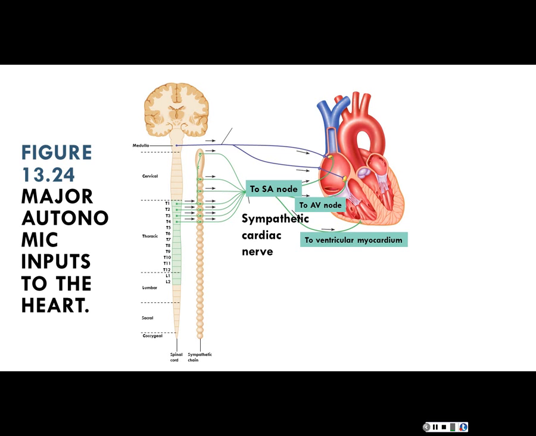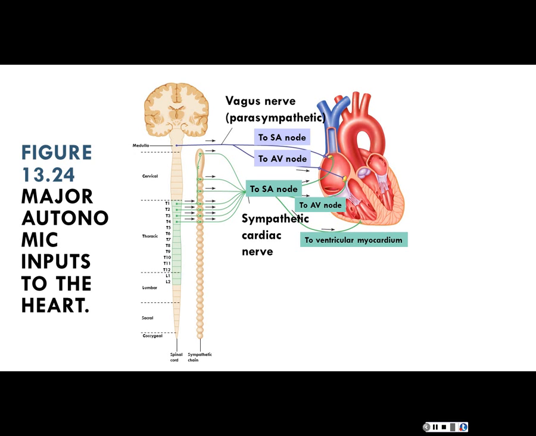The parasympathetic nervous system terminates where? SA and AV nodes only. We do not see the parasympathetic nervous system acting on the ventricles. So your parasympathetic nervous system can only directly influence the what? The atria, which influences the rate.